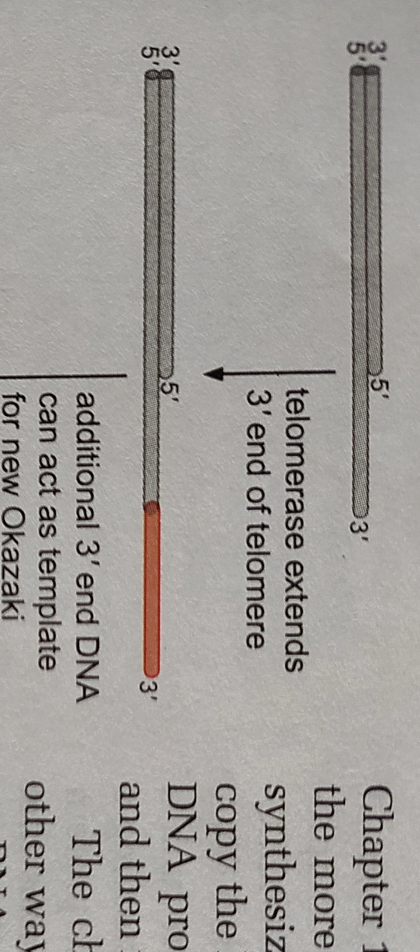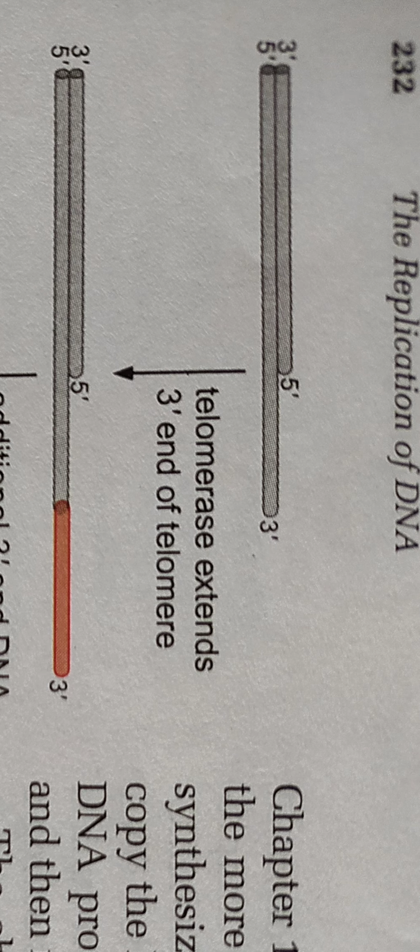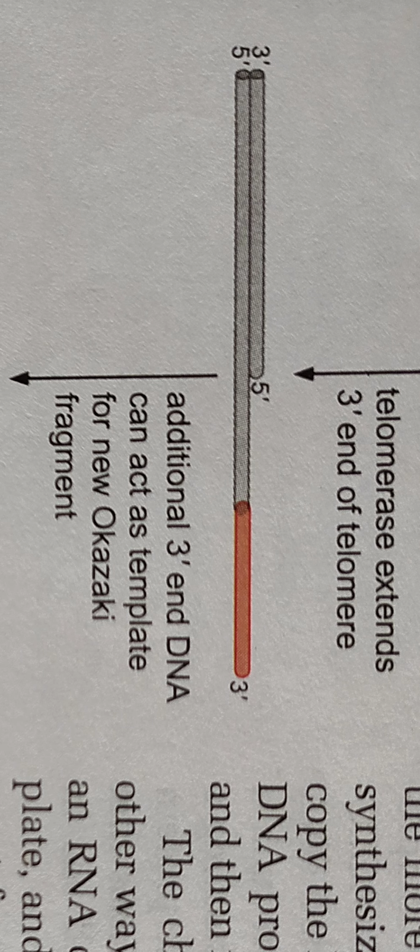So you have to see it carefully here. You can see the 3' end is extended by the telomerase enzyme catalyzing the synthesis of the telomere repeated sequence TTAGGG, like in human telomere, and now as they have extended quite long, that gap is now quite big.